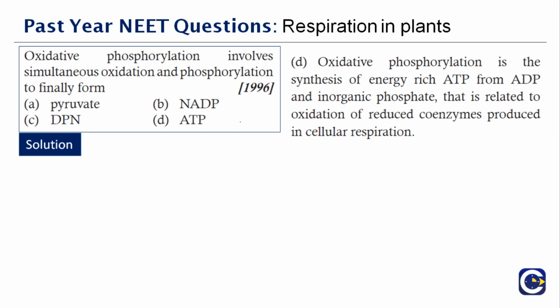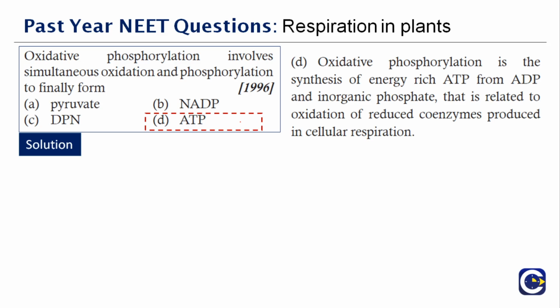We all know in any process, any cycle that we talk about, the ultimate aim is the synthesis of ATP, which is the end product and which is actually used by the living cell as energy. Now, oxidative phosphorylation is the synthesis of energy-rich ATP from ADP and inorganic phosphate, related to the oxidation of reduced coenzymes, which help in the synthesis of ATP from ADP. So oxidative phosphorylation, which involves both simultaneously, will give you an end product, which is to finally form ATP.